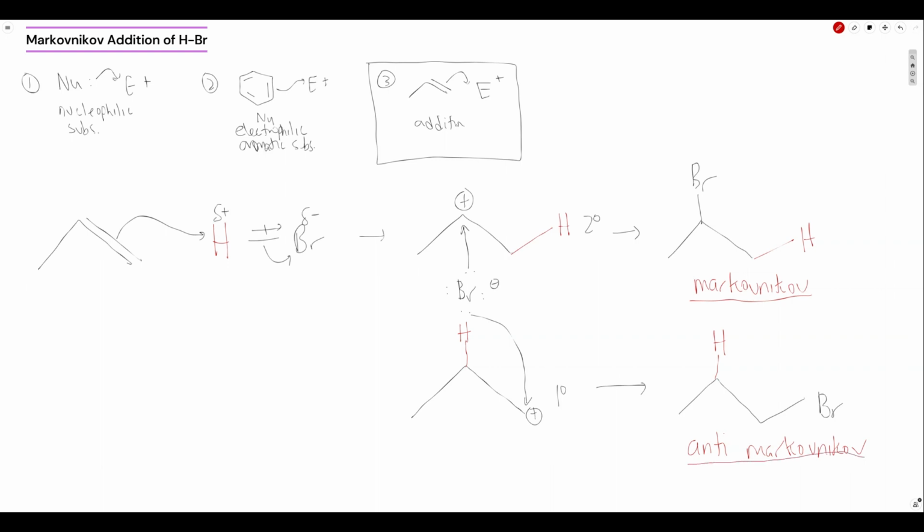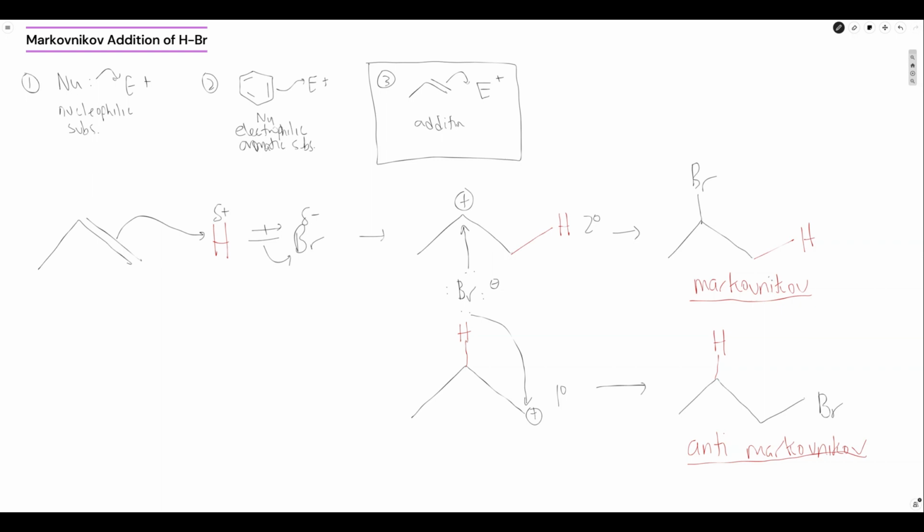That's anti-Markovnikov. Now, the explanation that you'll typically see in undergraduate textbooks and lectures on the subject is that the bromine or the halogen ends up at the more substituted position. That's typically the way the Markovnikov rule or law is formulated, that the halogen goes to the more substituted position.